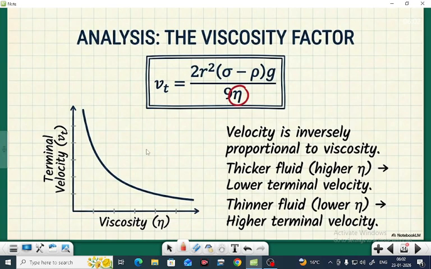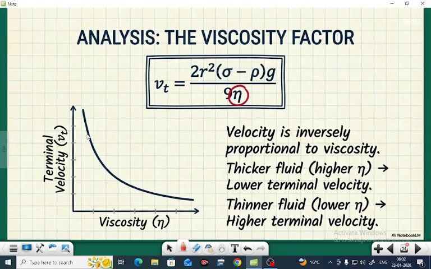Now you see here the analysis, the viscosity factor. Vt equal to 2r²(σ − ρ)g by 9η. Terminal velocity is inversely proportional to viscosity. See this factor: thicker fluid, higher η, lower terminal velocity. Thinner fluid, lower η, higher terminal velocity. You see, this will be the graph.